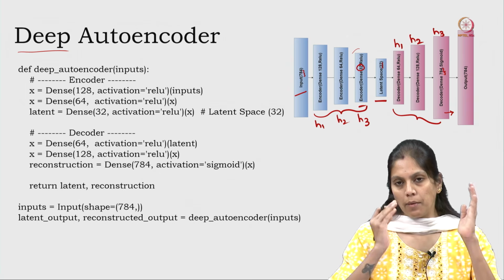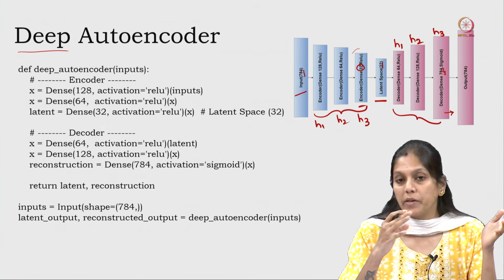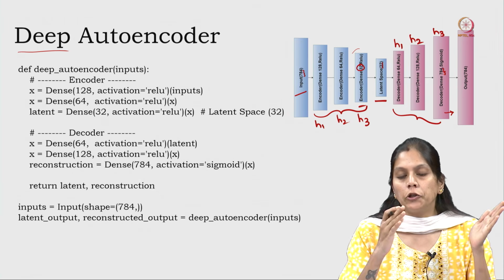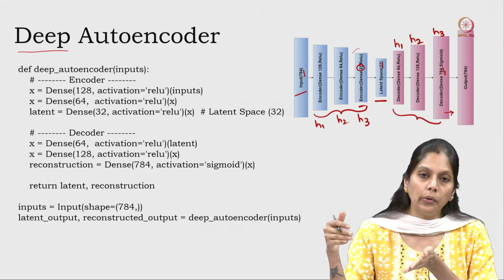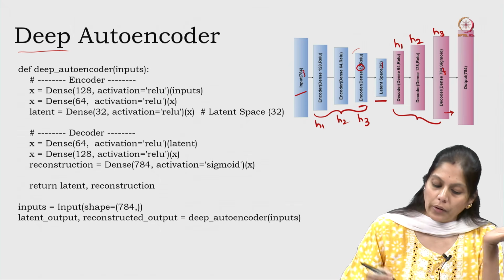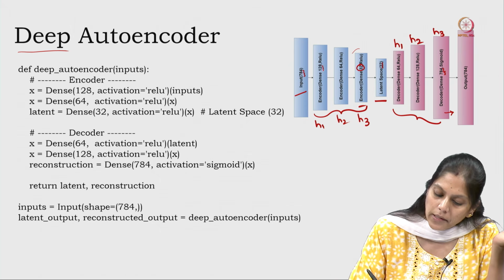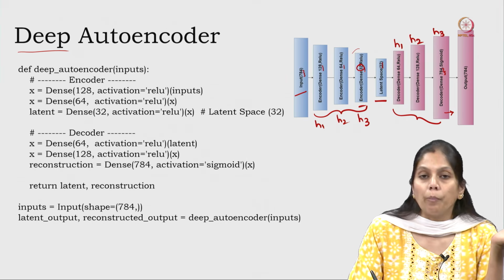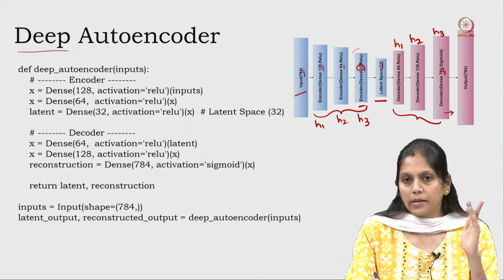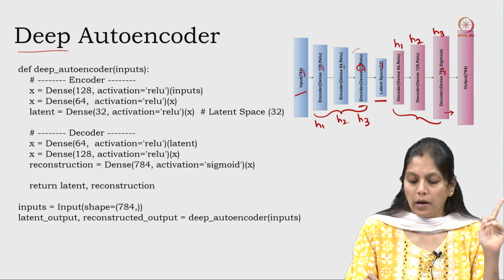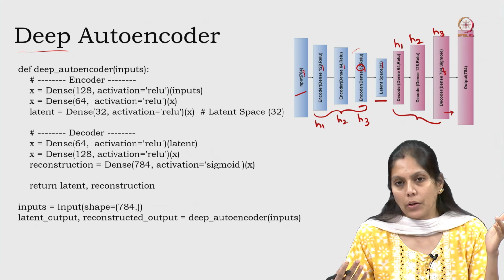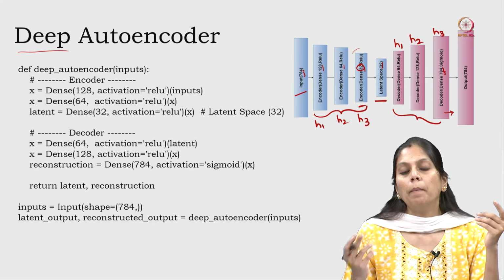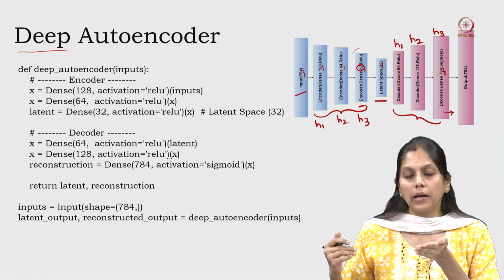So, what is the aim of an autoencoder, and more specifically the encoder part? It should have a decreasing number of units in the hidden layers. Therefore, you have 128, then 64, then 32. Is it always fixed? The answer is no. This is a hyperparameter, you can have any value, but ensure you keep it in decreasing order.